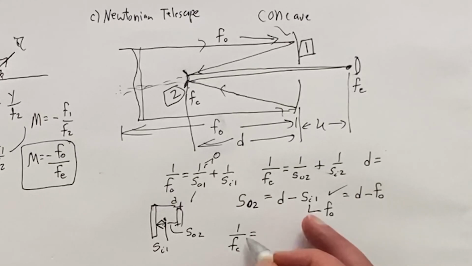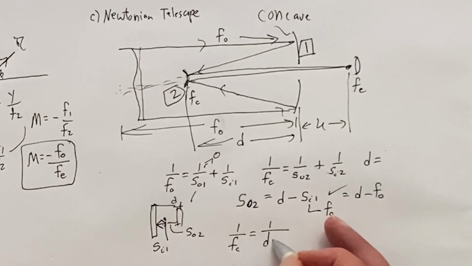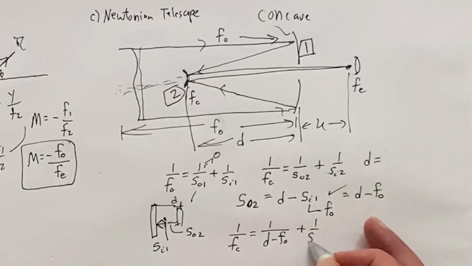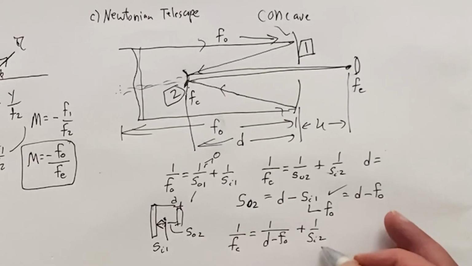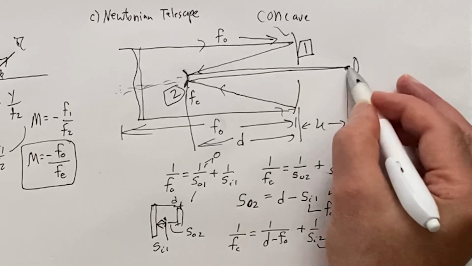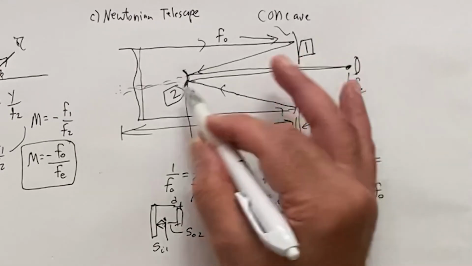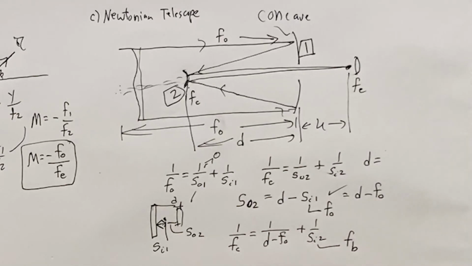So then I have 1 over FC is 1 over D minus FO plus 1 over SI2. But guess what? When SI2 winds up back there, this is the definition of the back focal length of the system of the two mirrors.